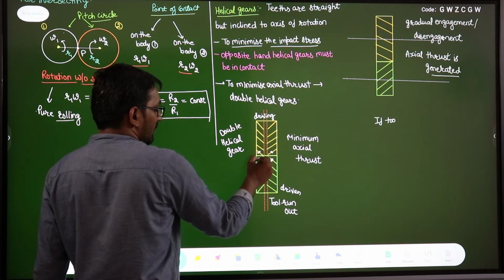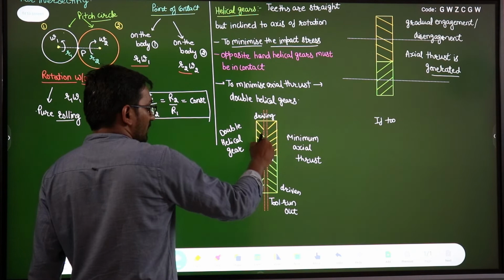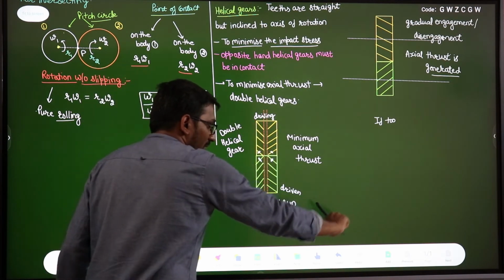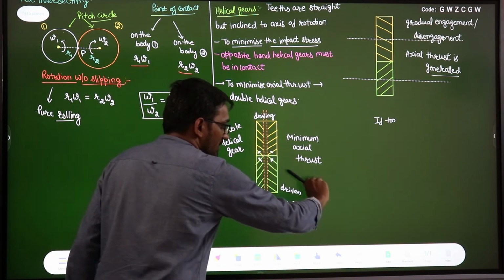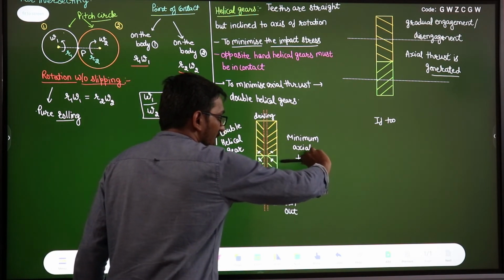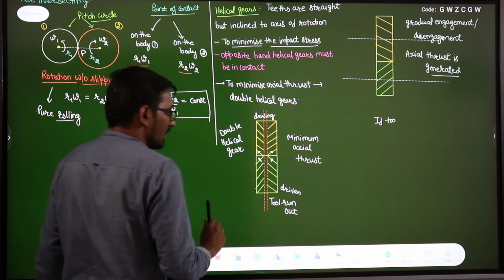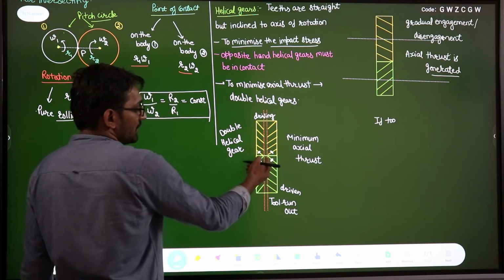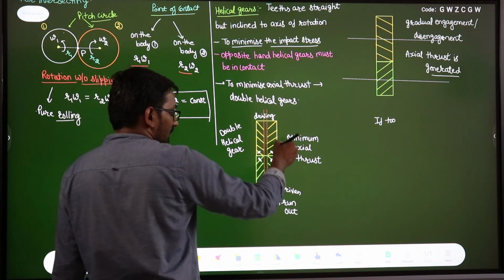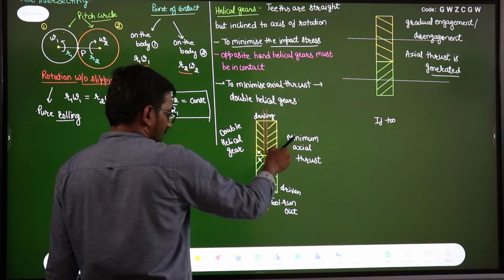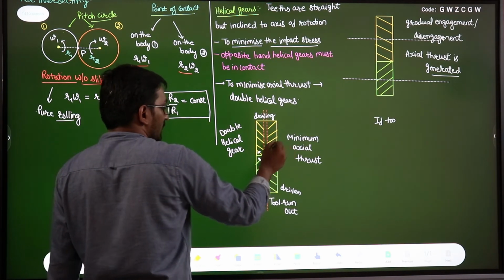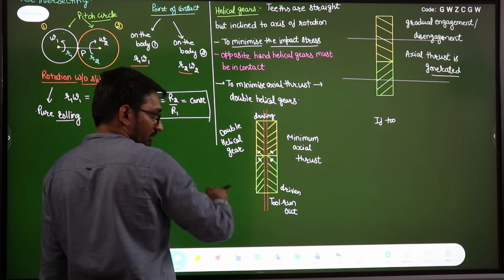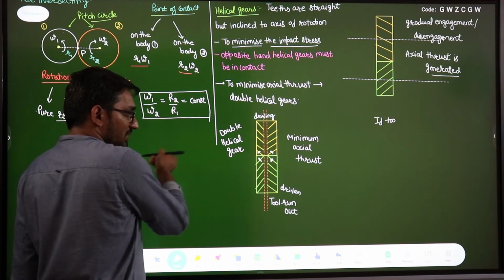If this tooth is in contact with this tooth, this tooth will apply a force on the other tooth in this direction, and the component along the axis of the shaft will be in this direction. Similarly, when this tooth of the input gear comes in contact with this tooth of the output gear, it will apply a force in this direction, so the component will be along the other direction.